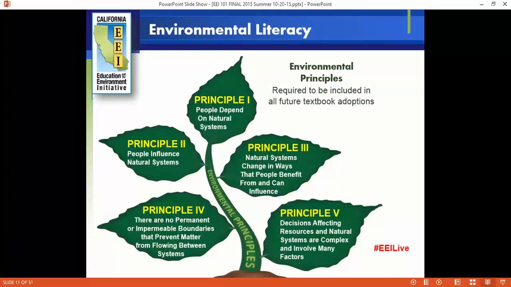You know, having taught EEI for a number of years, I think these principles are so important, and they link really naturally to these subjects. It's not like it's this big stretch to get these environmental literacy principles included in what you're studying. Yeah, and some of these are so basic that they're included in kindergarten, like Principle 1.